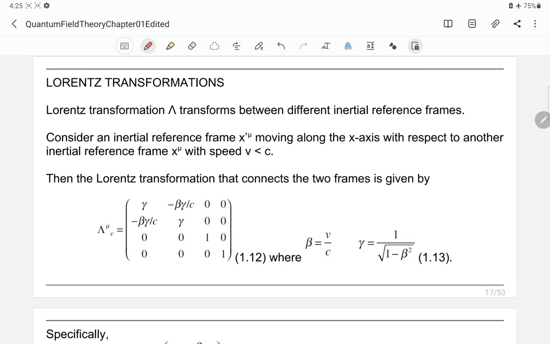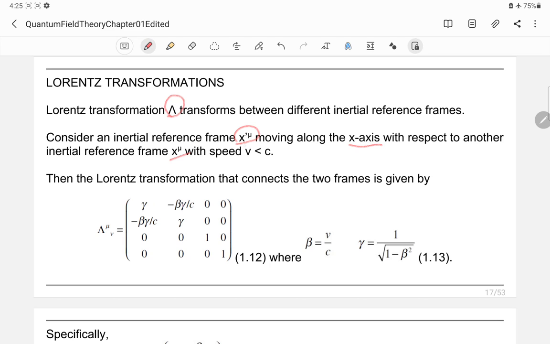Now, Lorentz transformation connects or transforms an event from one inertial frame to another inertial frame. By the way, Lorentz transformation is denoted by lambda. And so if you consider an event in an inertial frame, x prime mu, moving along the x-axis, for example, with respect to another inertial frame, x mu, with speed less than the speed of light.